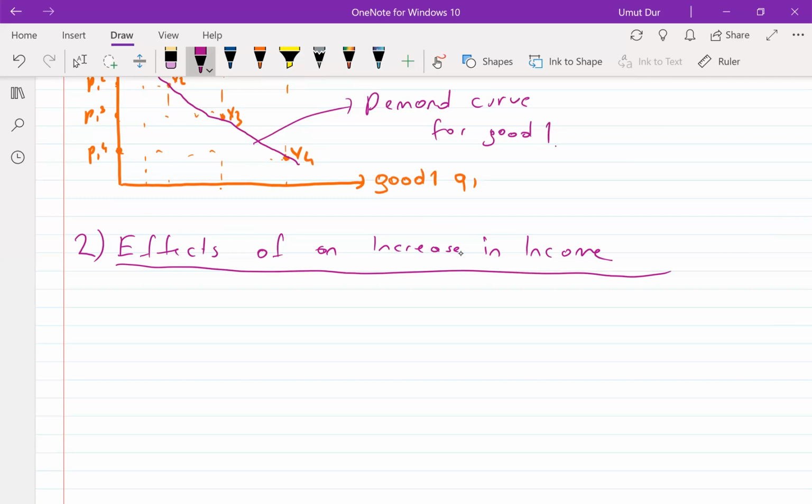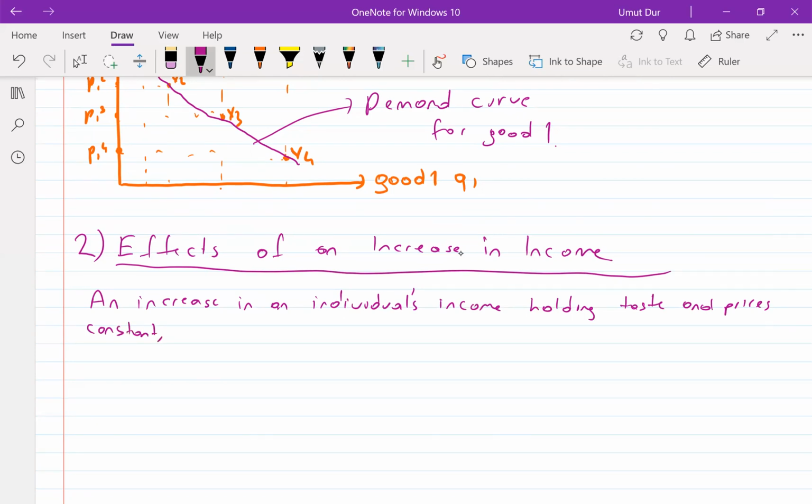An increase in an individual's income, holding taste and prices constant, we learned that it causes a shift of the demand curve.